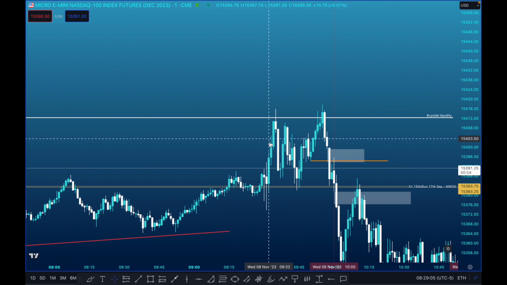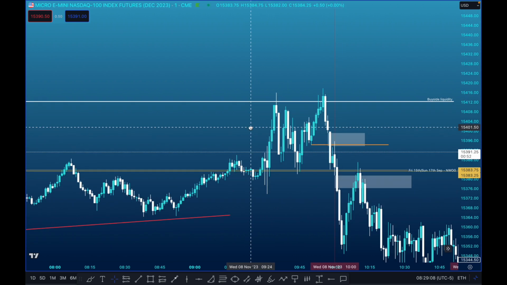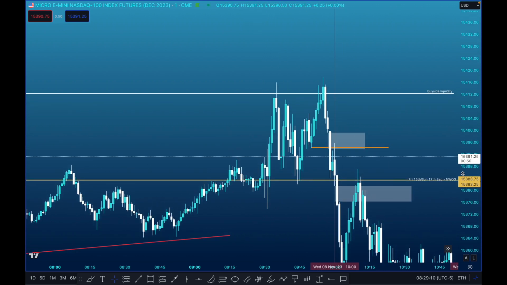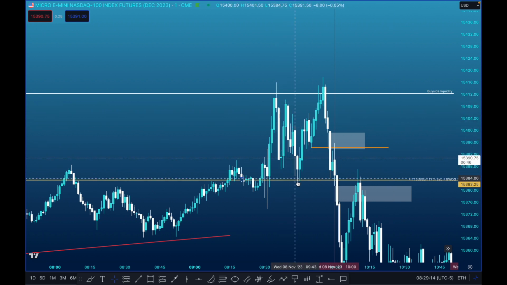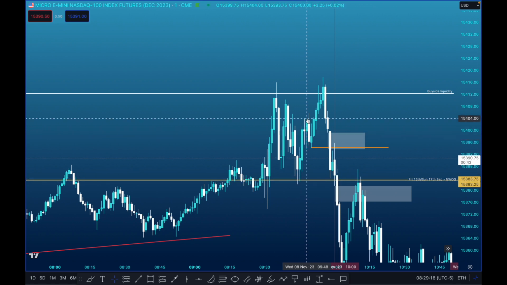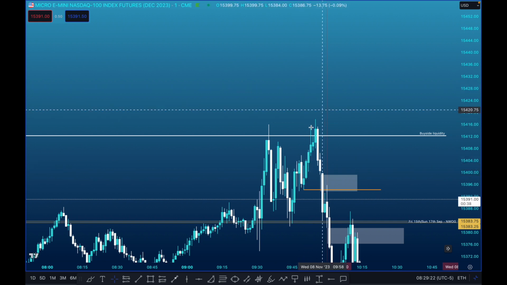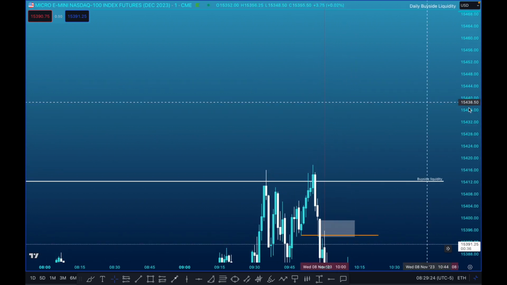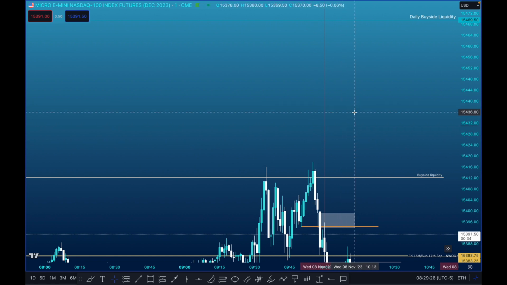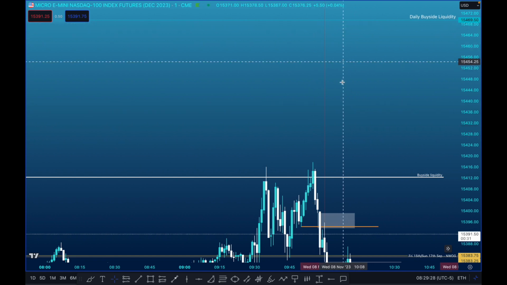I would've needed to see more in price. I wanted to see a market structure shift. So we were hanging around a little bit in there, and again we respected this new week open gap down here. And then as we had this leg up, I was thinking we could potentially continue the momentum up to that daily buy side, but we didn't get that.